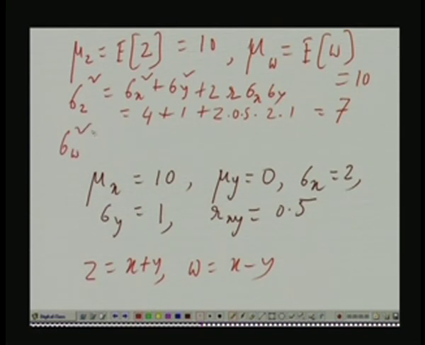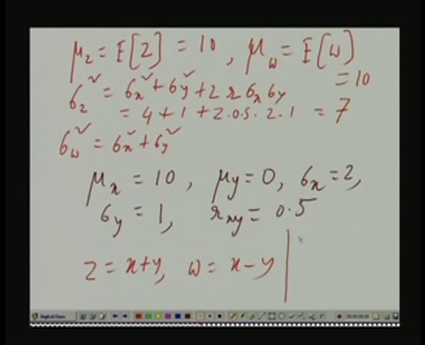Similarly, what is sigma w square? Sigma w square is the expected value of w minus its mean whole square.